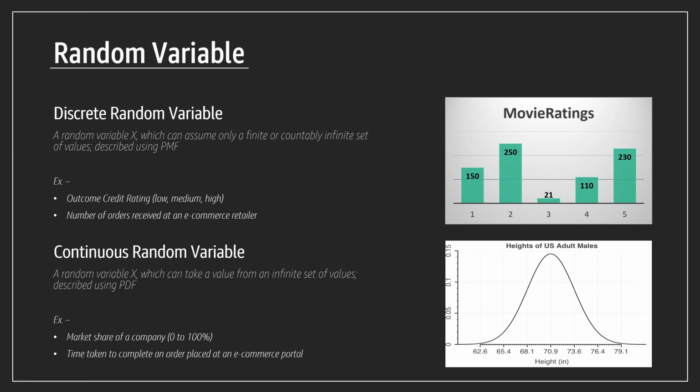The movie ratings are ordered from 1 to 5, right? So we have 5 ratings, 1, 2, 3, 4, 5, and any movie could be rated in one of these 5 values. So it's a discrete random variable. And the description of a discrete random variable is given using a probability mass function, a PMF, which we'll look into later, along with PDF and CDF and all those things.